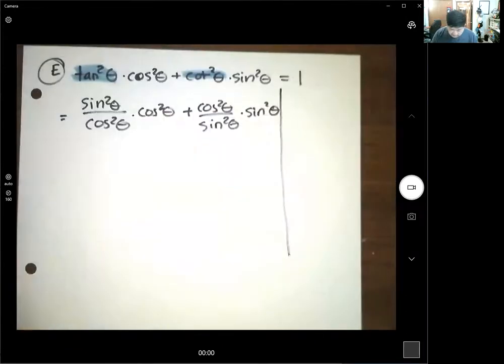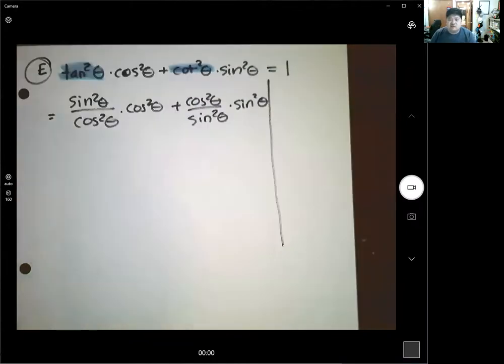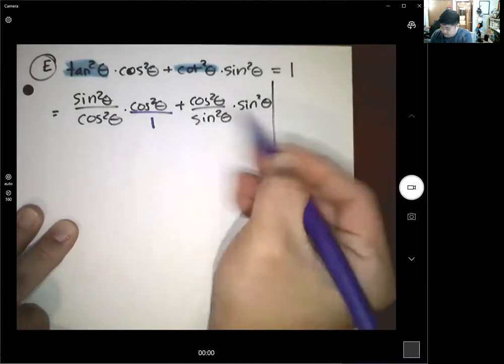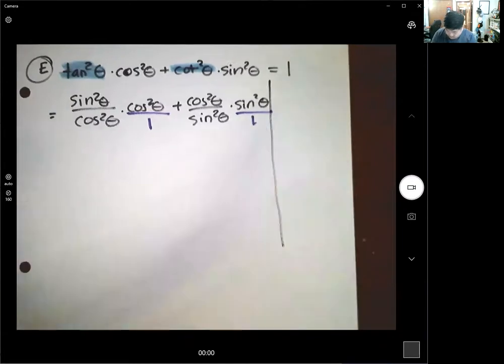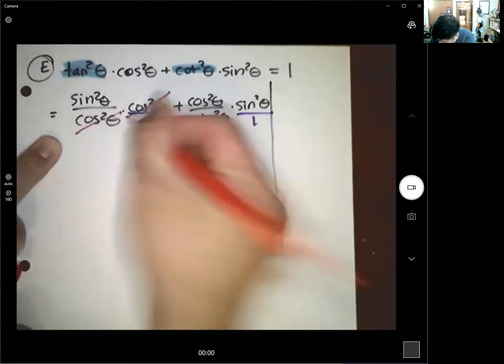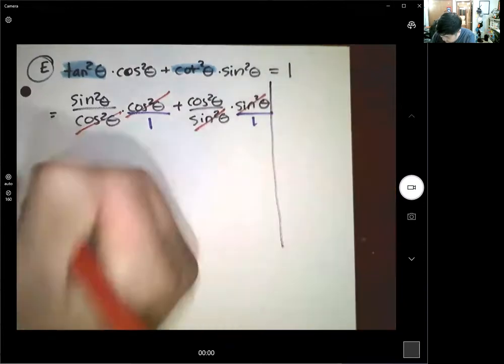And then again, if it helps you visualize this a little easier, write the cosine squared theta over 1 and the sine squared theta over 1, and then divide out the cosine squared thetas and the sine squared thetas.